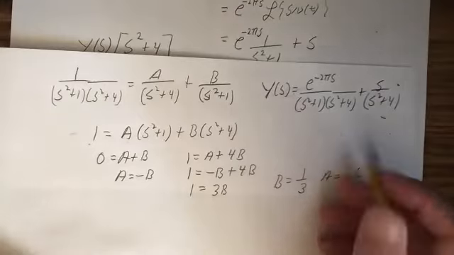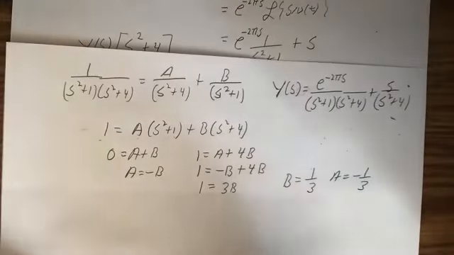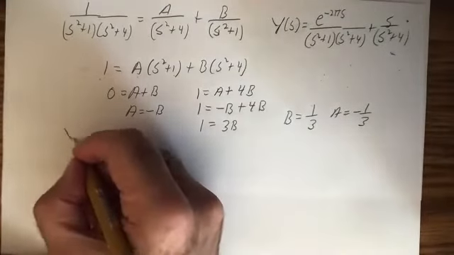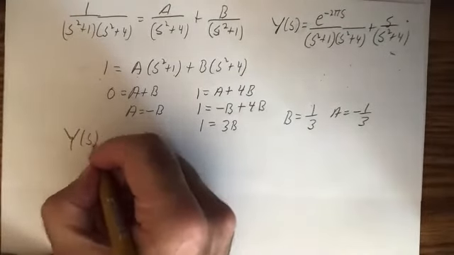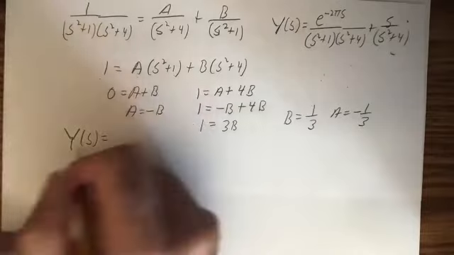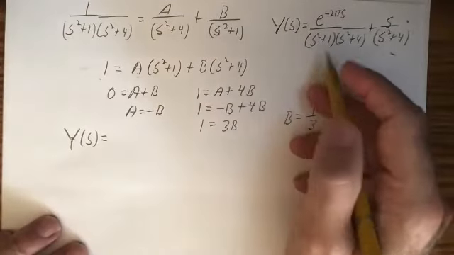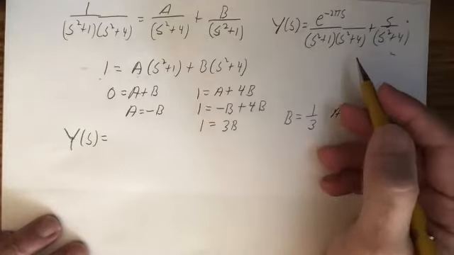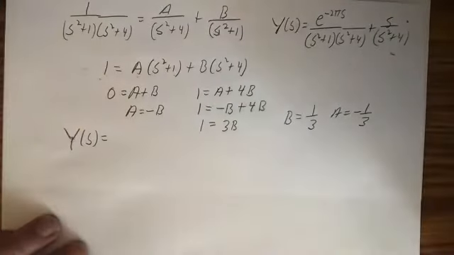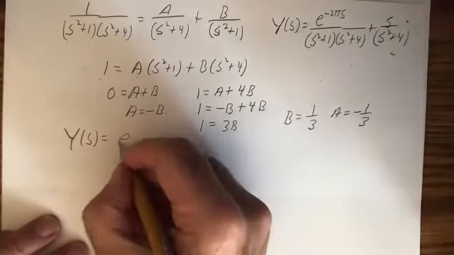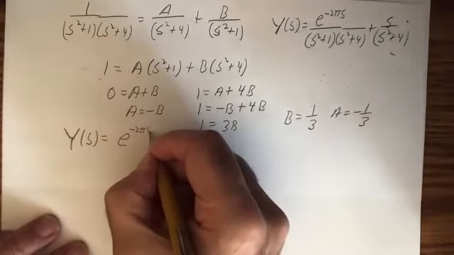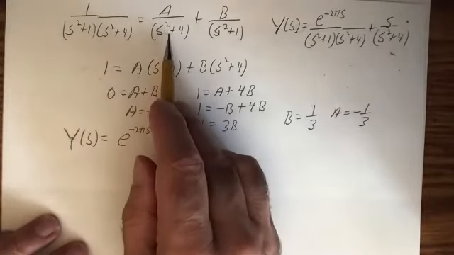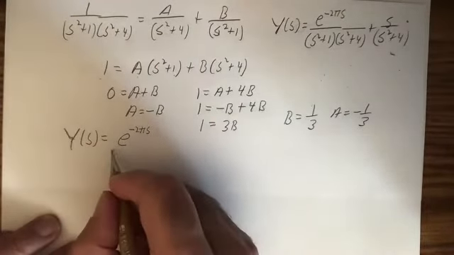So now Y of s is going to be equal to the 1/3, equal to e to the minus pi, and then which one has the A? That's going to be minus, okay.